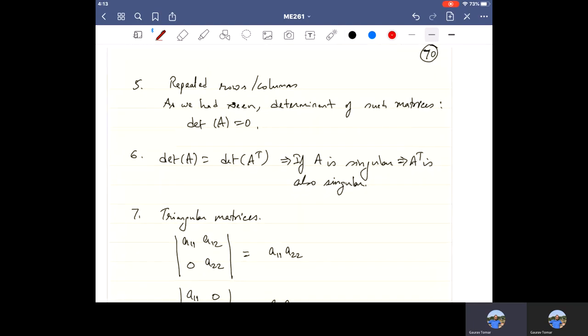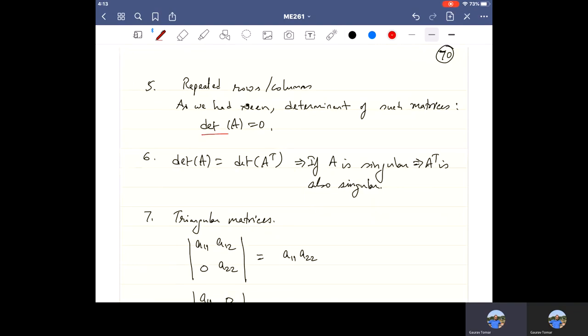Now, if you have repeated rows and columns, as we had seen earlier, they reduce the determinant to 0. It can be shown that the determinant of A would be the same as the determinant of A transpose. Which means that if A is singular, then the transpose of that matrix would also be singular.